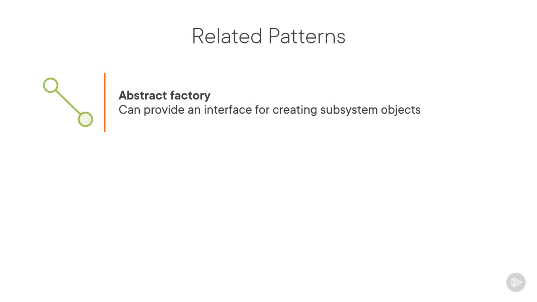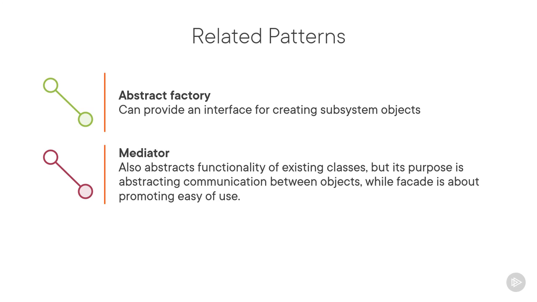From the creational family, there's the abstract factory pattern that this one is related to. It can be used together with a facade to provide an interface for creating subsystem objects while remaining independent of the subsystem. Abstract factory can also be used as an alternative to facade to hide platform-specific classes. Up next, from the behavioral family, the mediator pattern.